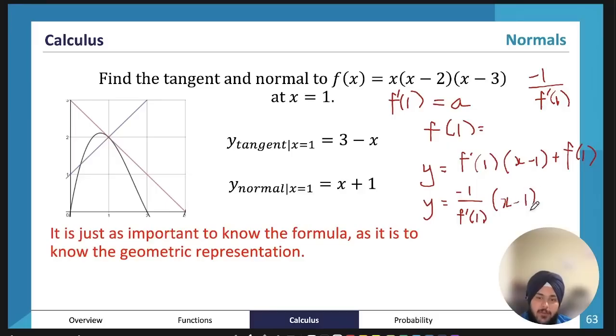I'm just not going to find the values in the interest of time. So therefore it should be plus f of 1. So this is what the normal line equation is going to be, and this is what the tangent line equation is going to be, which come out to x plus 1 and 3 minus x.